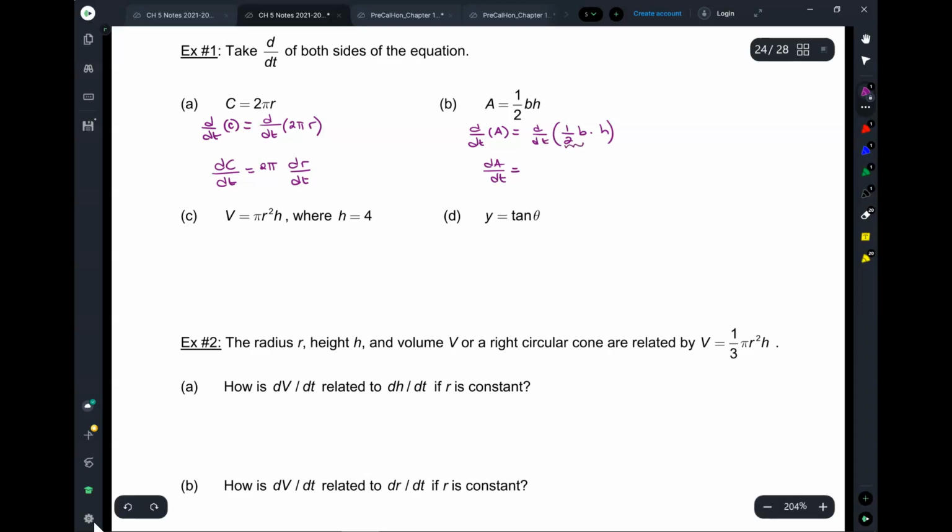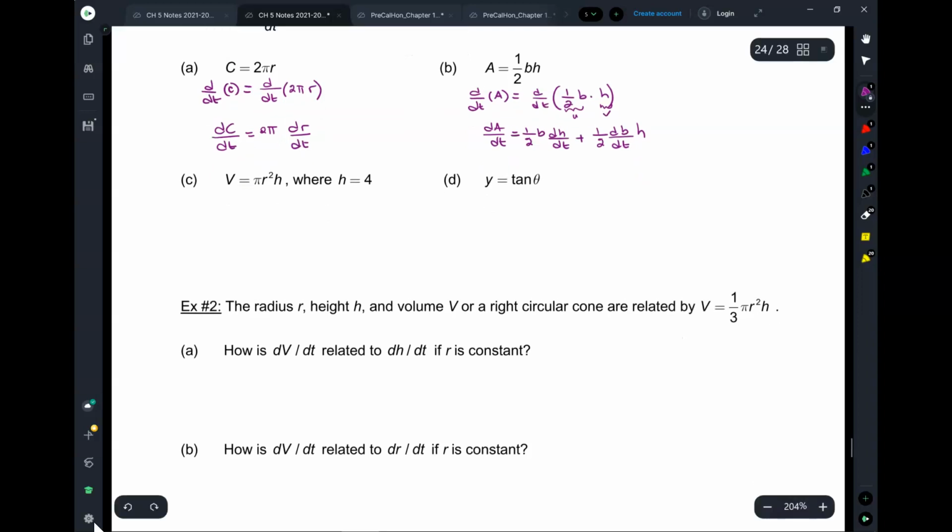This is u, and this is v. So u v prime is one half b dh/dt, plus one half db/dt times h. We're going to leave it like that because it's not a full problem. You'll see later how it'll simplify.